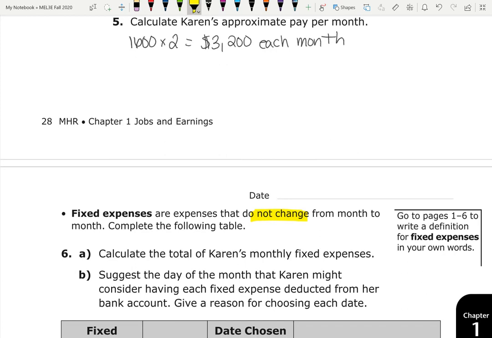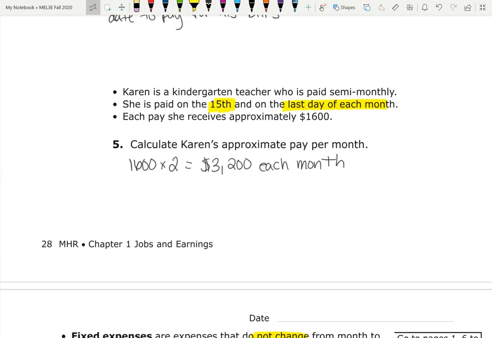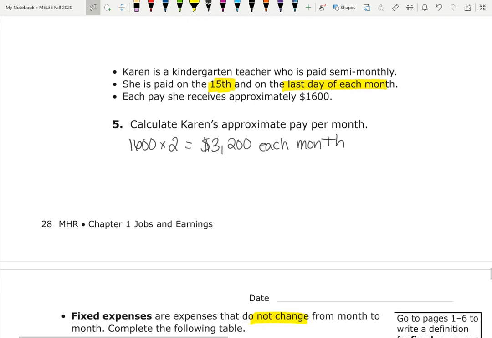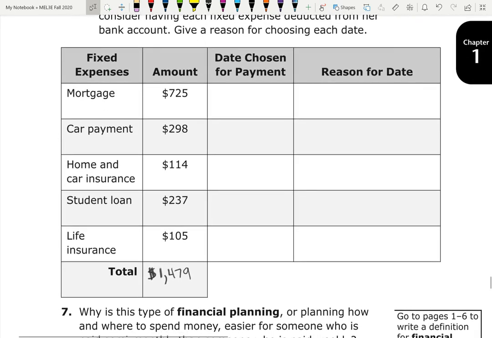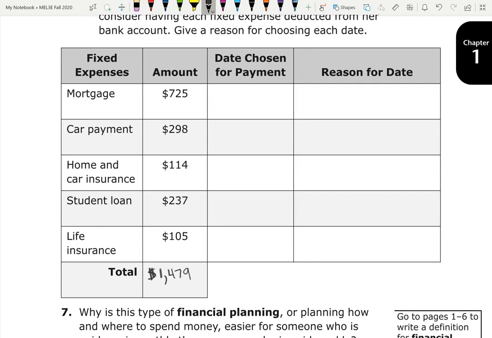So I can plan to pay them on the exact same day of every month. I'm going to plan around her 2 paydays, so around the 15th and the 30th. For the date chosen for her payments, I'm going to make it the day after she gets paid so that I know she has money in her account that day.